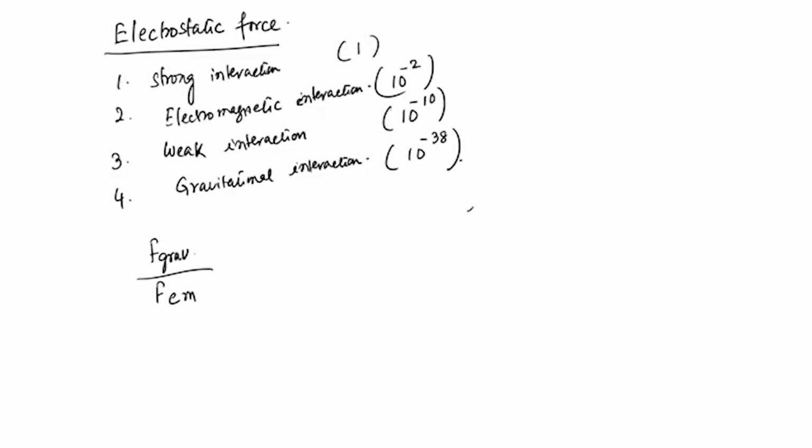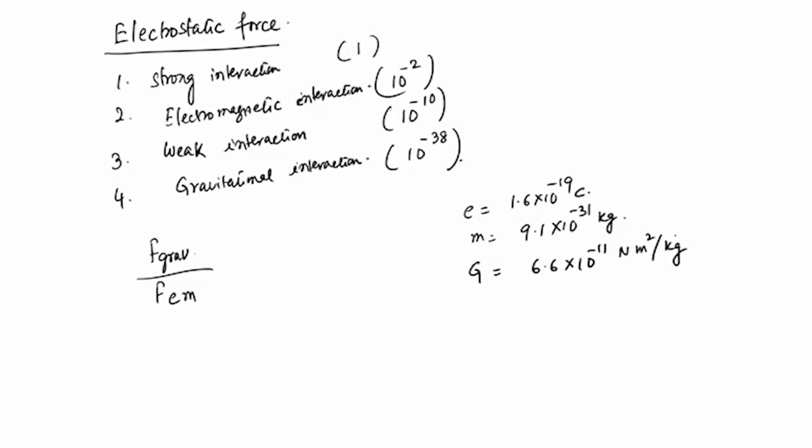We have electronic charge equal to 1.6 times 10 to the power minus 19 Coulomb, mass equal to 9.1 times 10 to the power minus 31 kg, and we have given 1 over 4 pi epsilon 0 in the last slide. The gravitational constant is 6.6 times 10 to the power minus 11 Newton meter square per kg square.